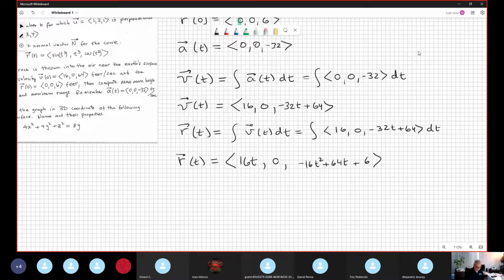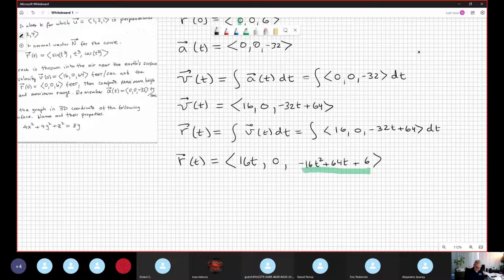So I want to investigate the maximum height. I pay attention specifically to the z component, which is the vertical, the height component. It's a parabola, it's obvious, and this parabola has a vertex.